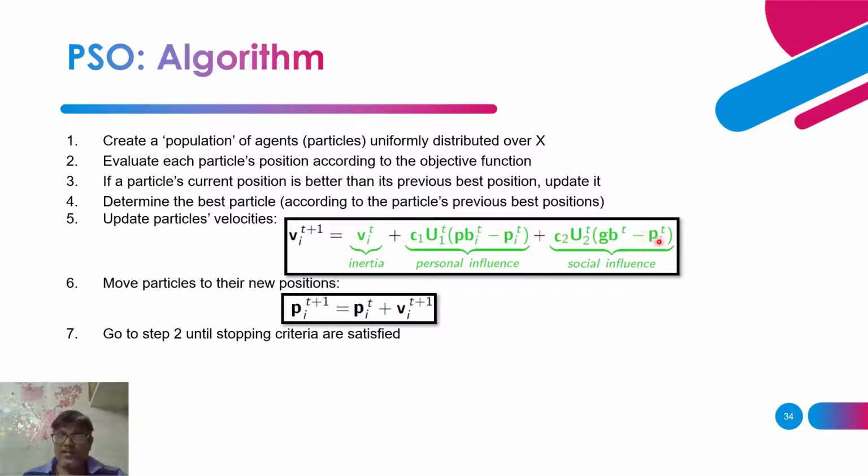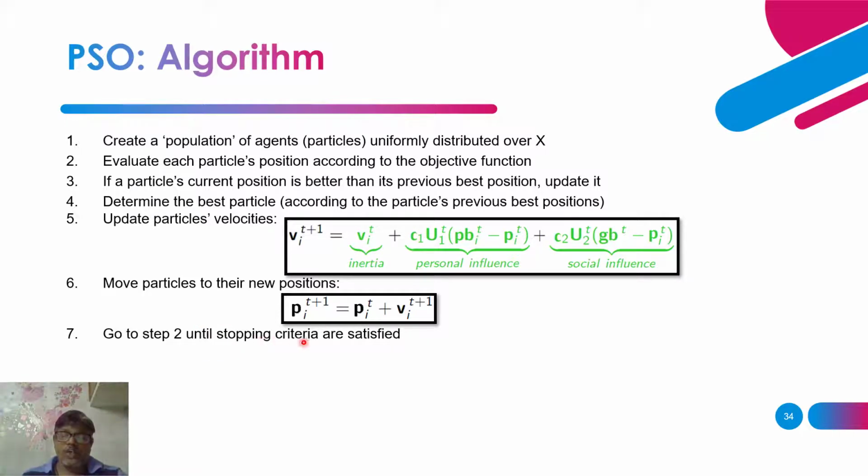Now, move particles to their new positions by using the update equation, that is pi(t+1) is equal to pi(t) plus vi(t+1). Go to step number 2 until the stopping criteria are satisfied. So come over here and repeat this process until all the stopping criteria are satisfied.